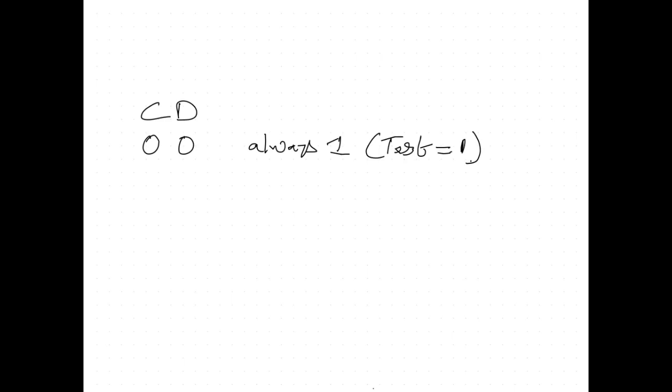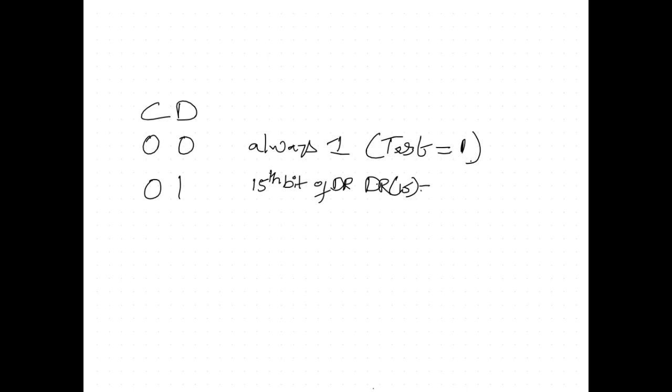Now if CD bits are 0 1, what do I need to do? I need to check the 15th bit, which is the last bit, of the DR register. The 15th bit of DR I can also write as DR of 15.